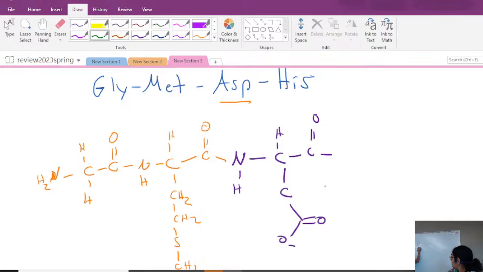Yes, that looks good. Then I think there's an extra carbon there, right?